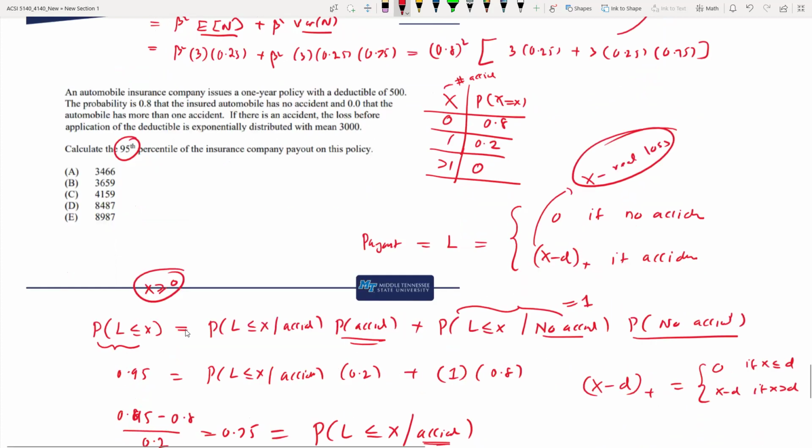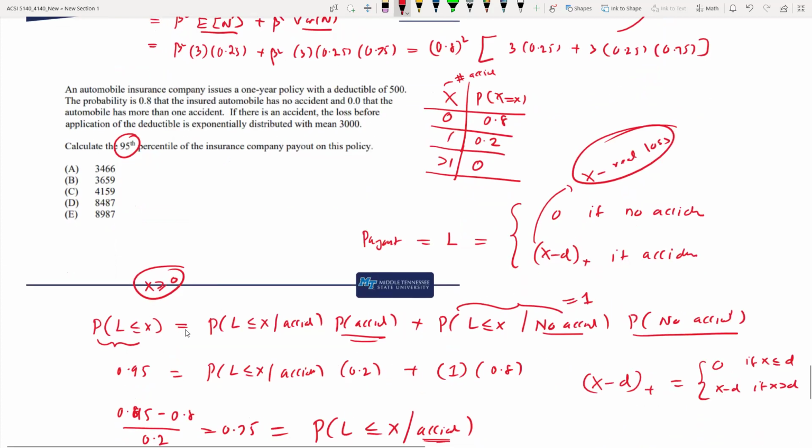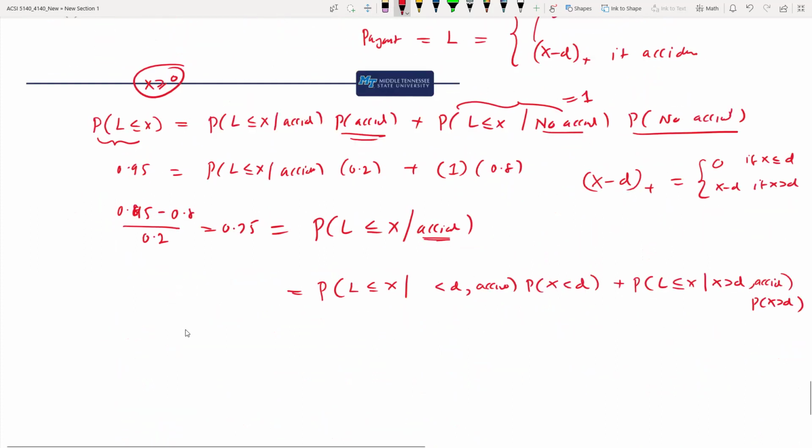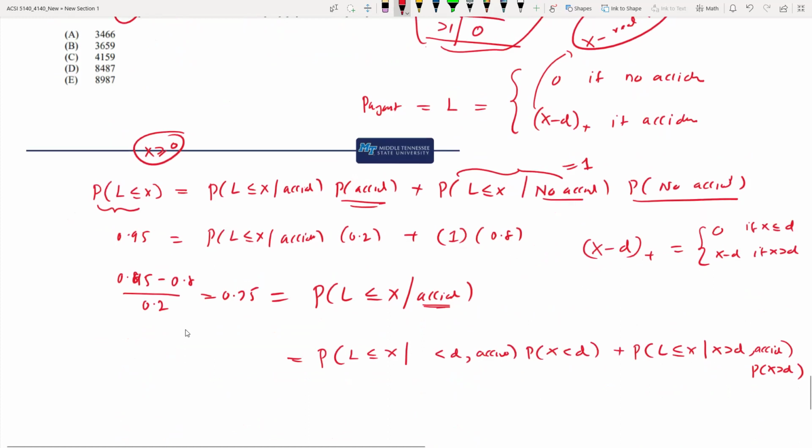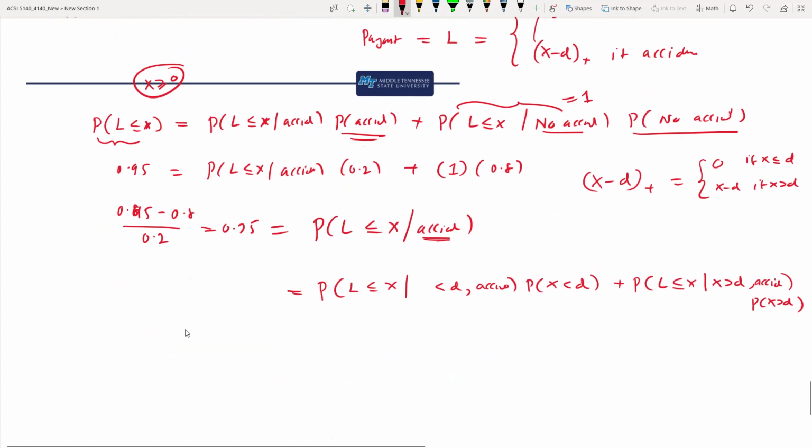Don't get confused with this x. This is a different x. Big X is the real loss, and here this is little x. So this is real loss. If there's an accident, then the real loss needs to be more than d in order to make a payment.